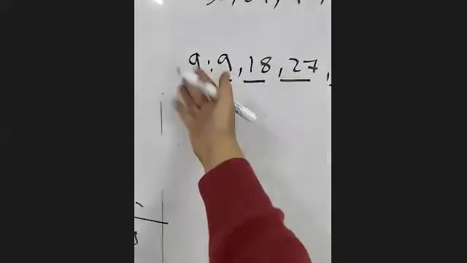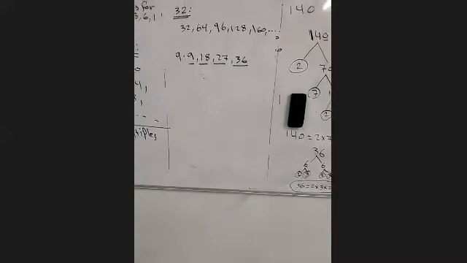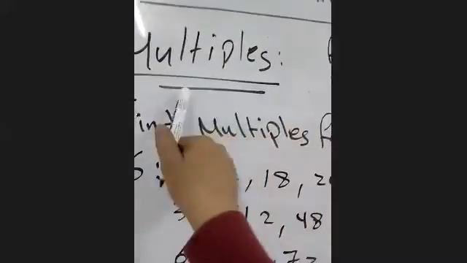I have 4 multiples for the number 9. This is enough. So how do we find multiples, guys? By multiplying.